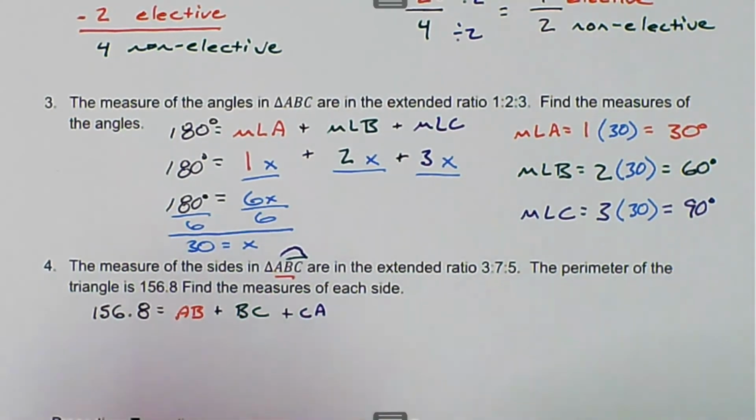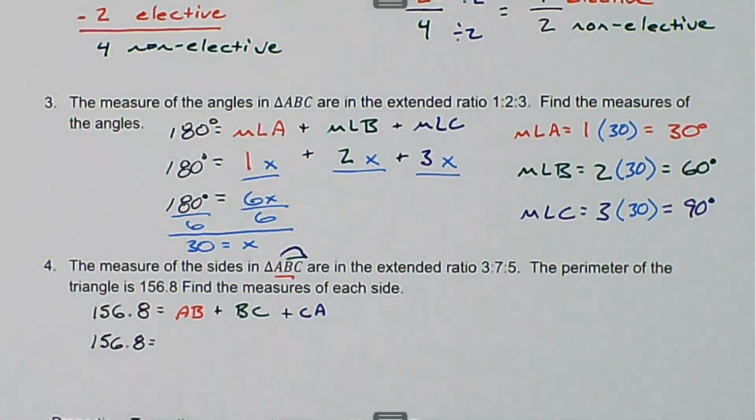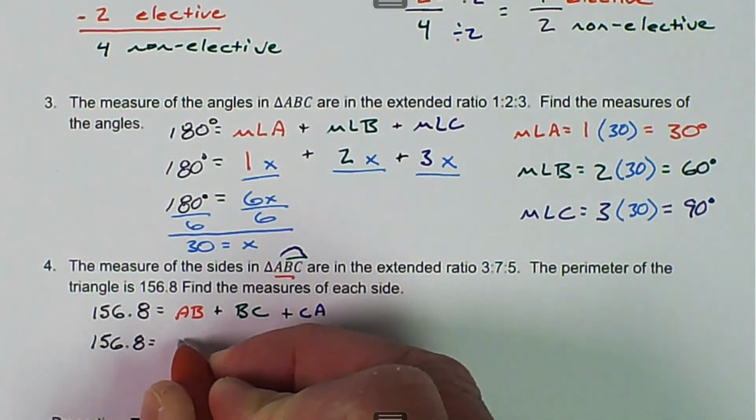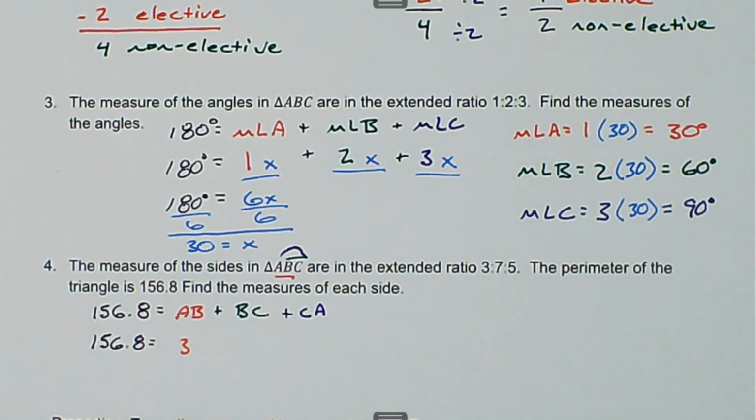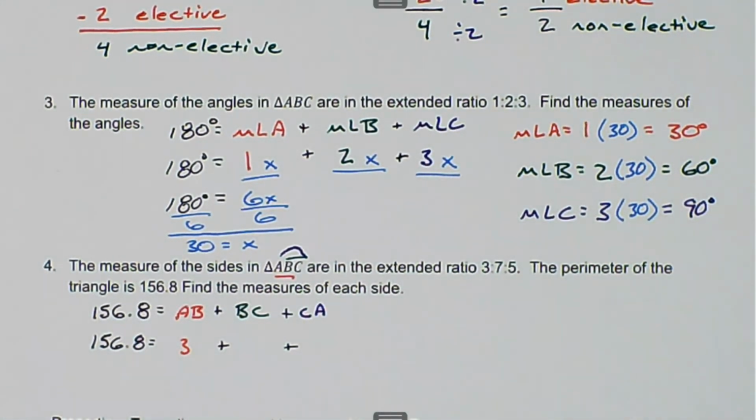So we can do a similar process where we say 156.8 is equal to 3 plus 7 plus 5.